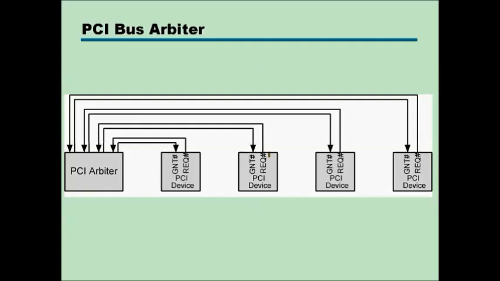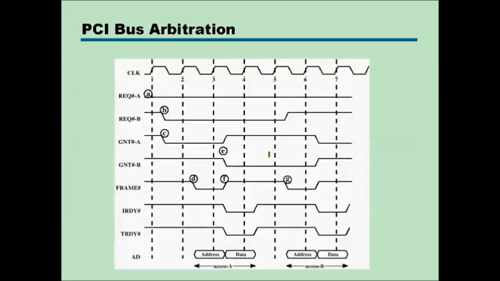This is the illustration of the PCI bus arbiter. We have the PCI devices and the PCI arbiter, which shows the connection between the boxes. This is the PCI bus arbitration. This is the sample.